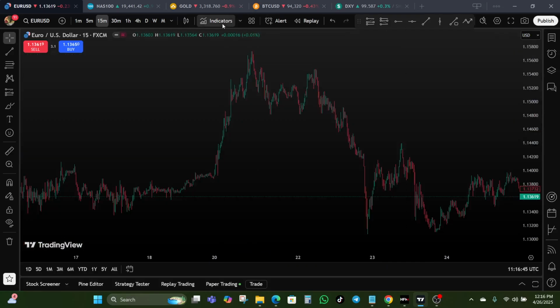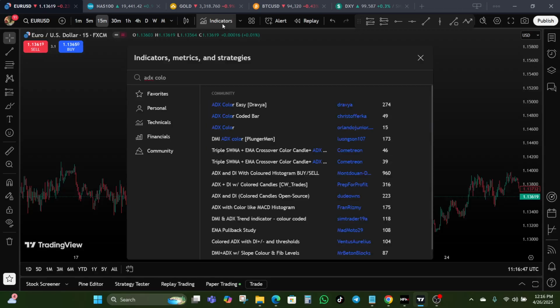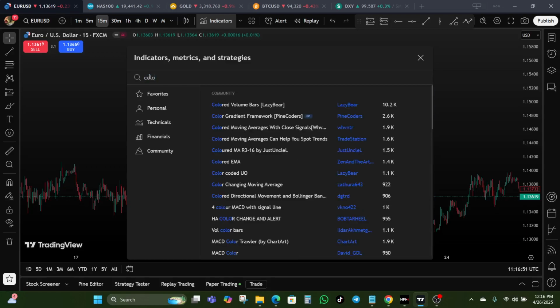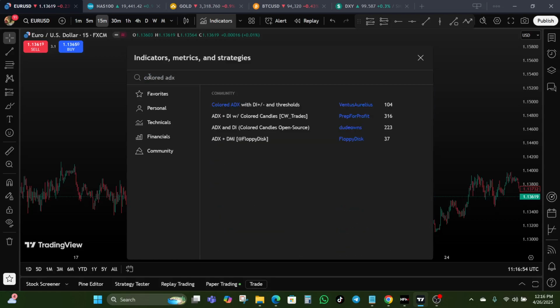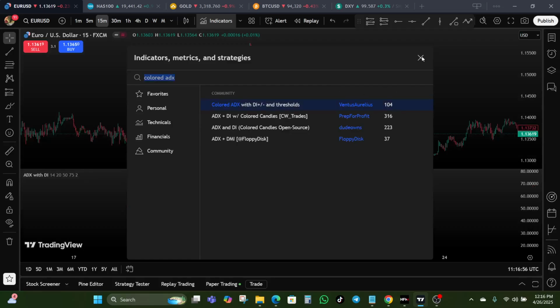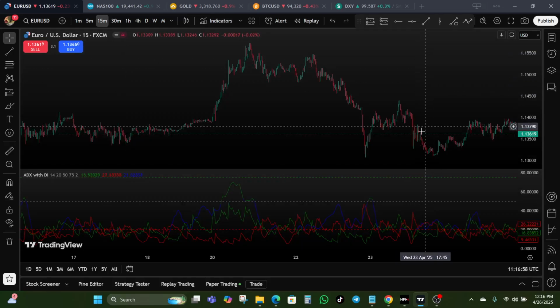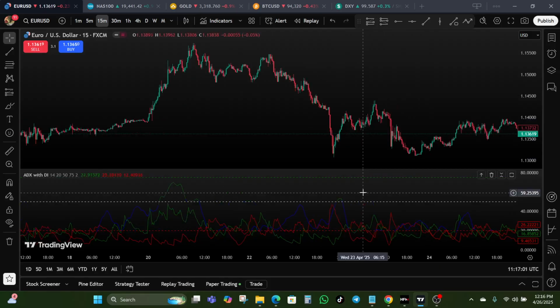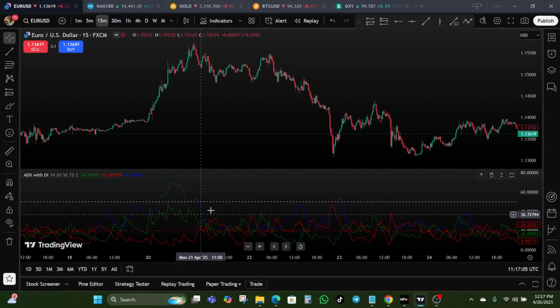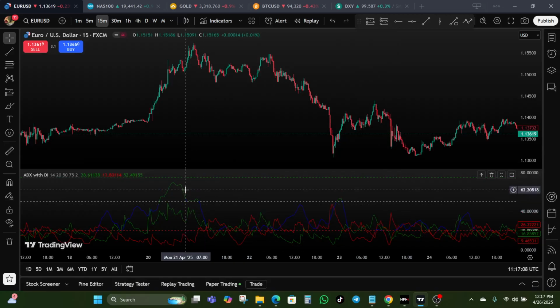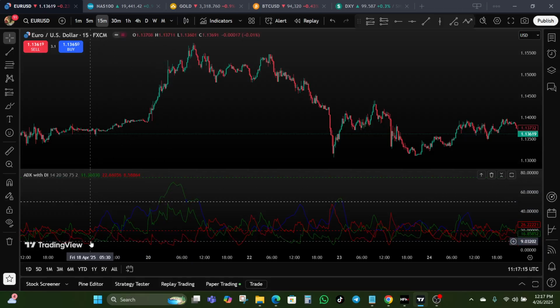So now, let us look at the colored ADX indicator. Okay? So as you can see, this is another one, and it color codes the ADX line based on its slope. Right? You can see that green is for strengthening trends, while red is for weakening trends.